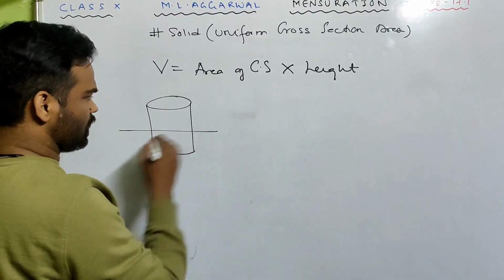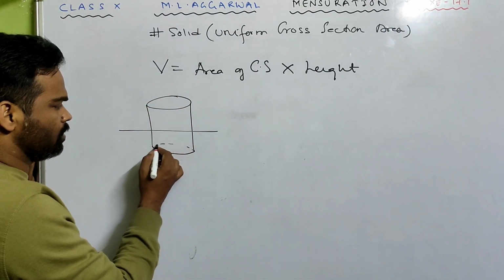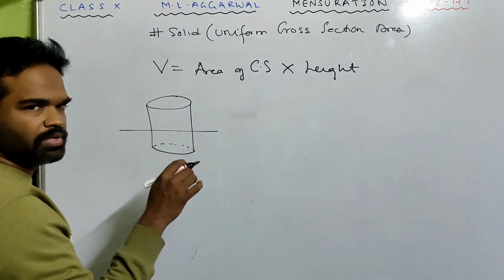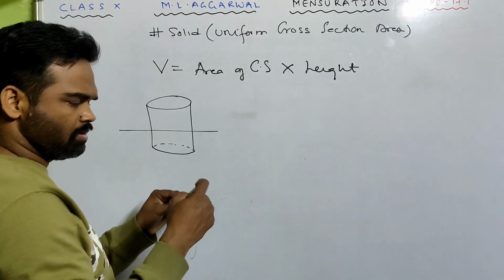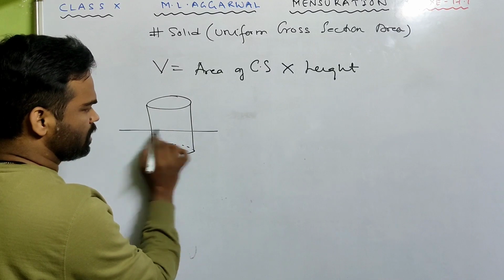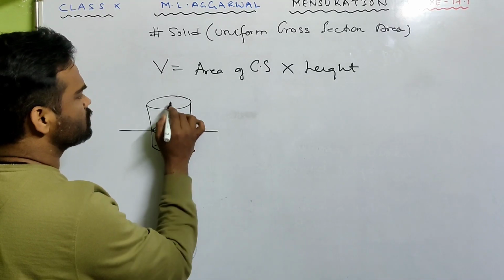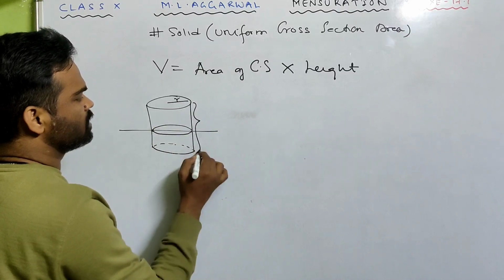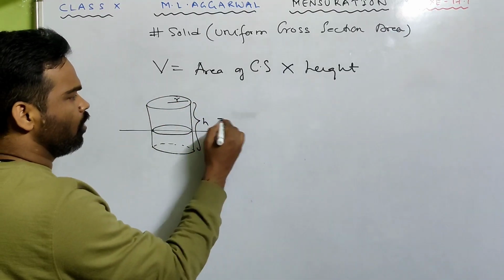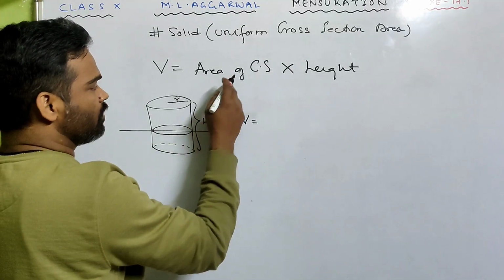In case of a solid cylinder, look over here. If you make a cut like this, suppose this top and the bottom, we know are circular regions, isn't it? So if you make a cut over here, you will get a circular region. Suppose the radius is r and the height is h. Then volume of the cylinder is equal to area of cross section.